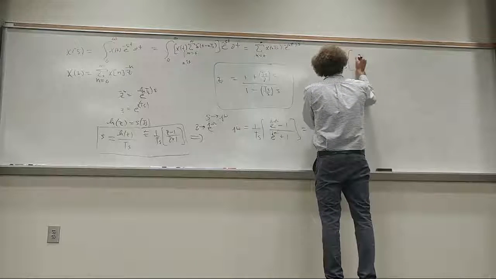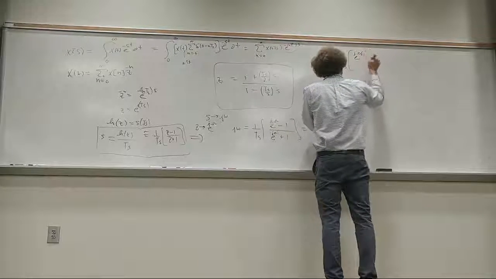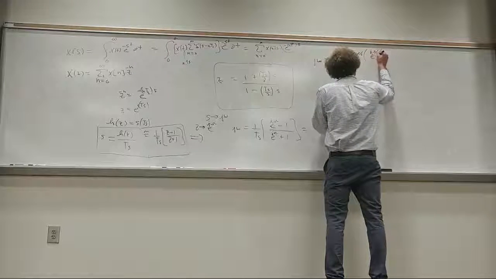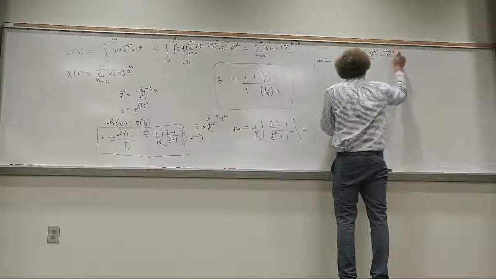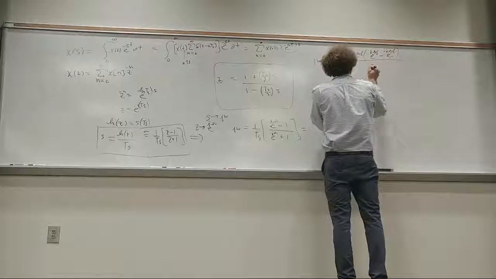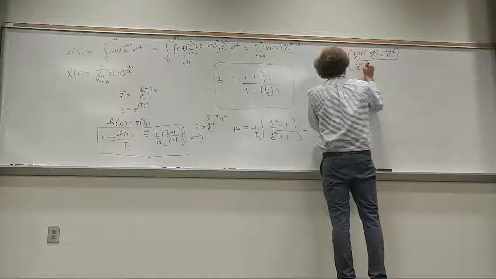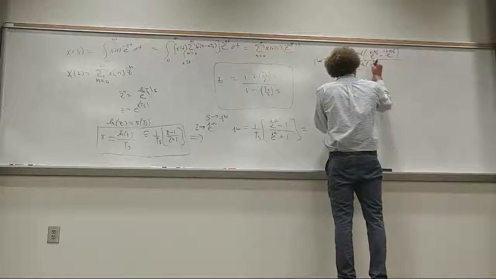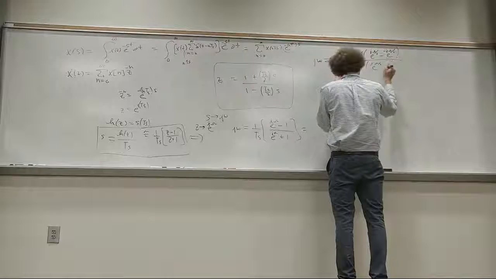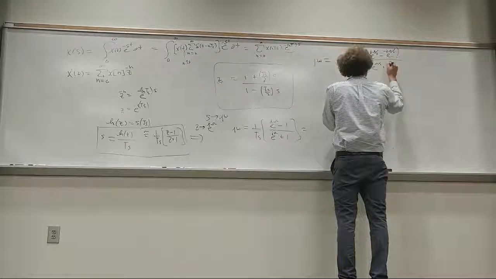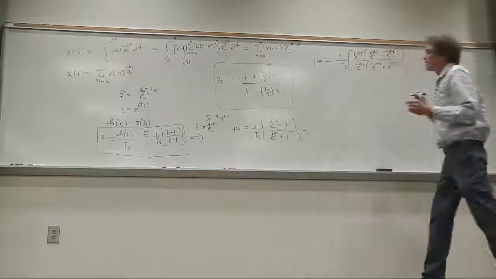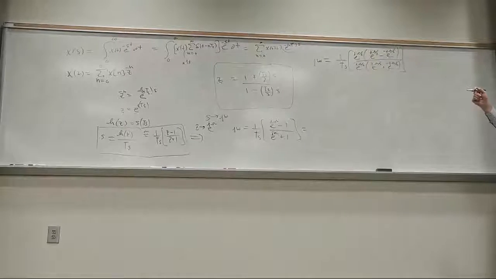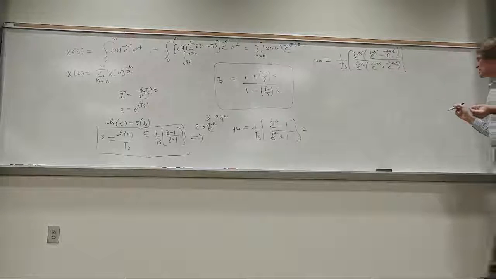This looks like e to the j omega over 2 times e to the j omega over 2 minus e to the minus j omega over 2. And the bottom one looks like e to the j omega over 2 times e to the j omega over 2 plus e to the minus j omega over 2. Y'all agree with me so far? Remember I did the old trick of factoring out the e to the j omega over 2, correct, class? Now I'm down to this point.